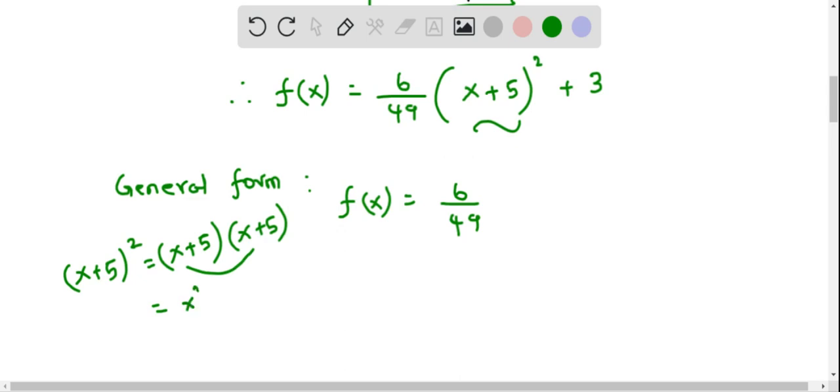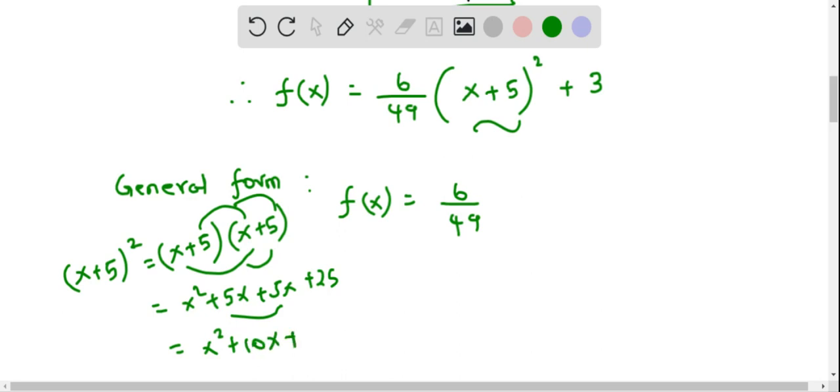X times x is x squared. X times 5 is 5x. Now 5 times x is 5x, and 5 times 5 is 25. So 5x plus 5x is 10x. This is x squared plus 10x plus 25, plus 3.